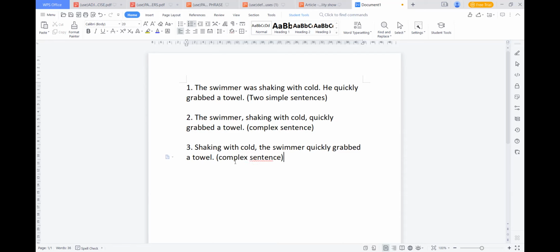In terms of writing, we will see whether students know how to change the sentence into different forms of sentence. If the person knows how to master it, that means their level is higher. So 2 and 3 show a higher level of mastery of language writing. As you can see, 1, 2, 3 actually mean the same thing. But 2 and 3, the sentence formation is complex, 是复杂型的句型. The first one 是两个简单的句型.